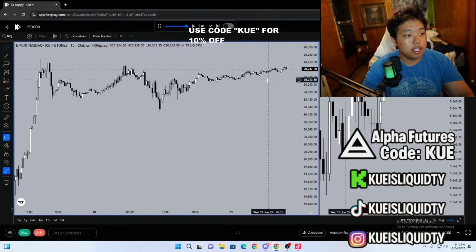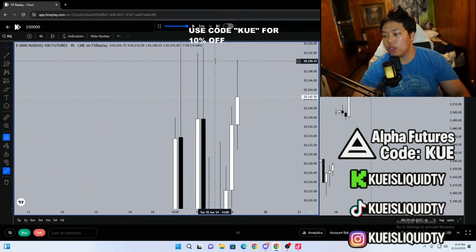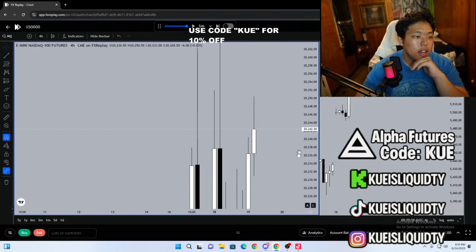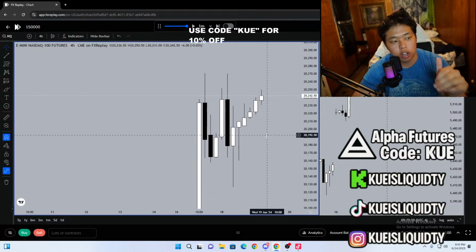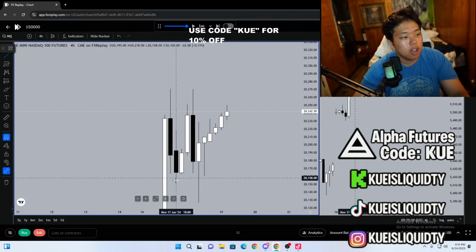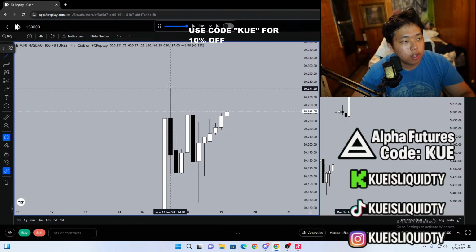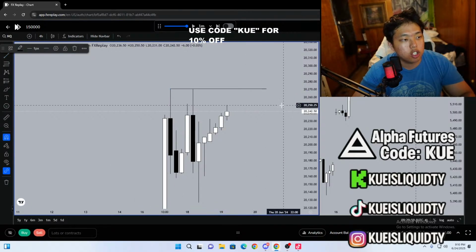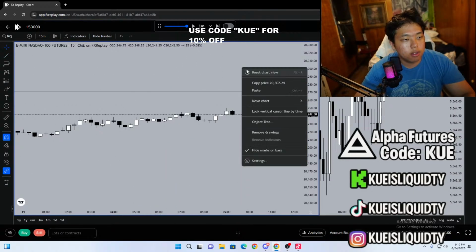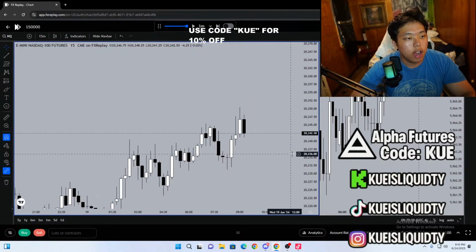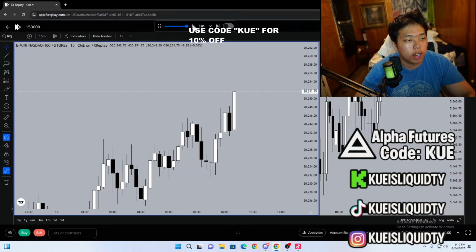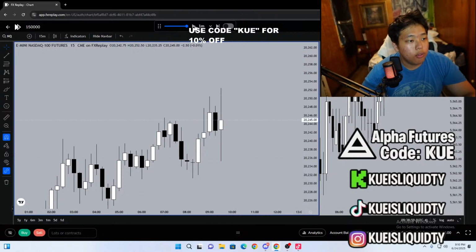But you need to have a higher time frame draw on liquidity first. So I go on the 4-hour and ask, okay, highs and lows get taken out, yes or no? Lows are getting respected, so I'm anticipating this draw on liquidity. Then I go on the 15-minute and wait for a CRT.